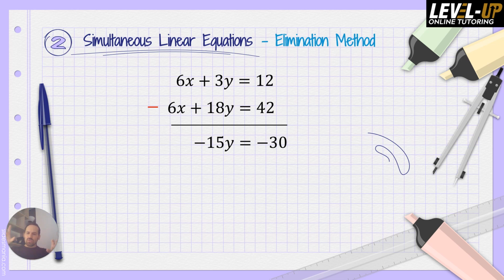What we're essentially doing, you've got two equations here, with a left-hand side and a right-hand side of each. If the left-hand side is equal to the right-hand side, which is basically what an equation is, then the left-hand side of one equation minus the left-hand side of the other equation will necessarily equal the right-hand side of the first equation minus the right-hand side of the second equation. If you think about that logically, it makes sense.